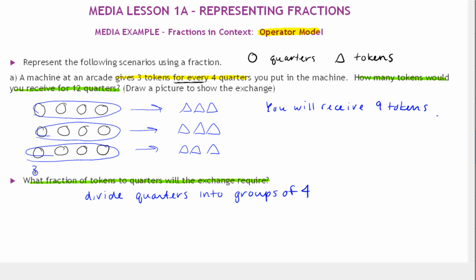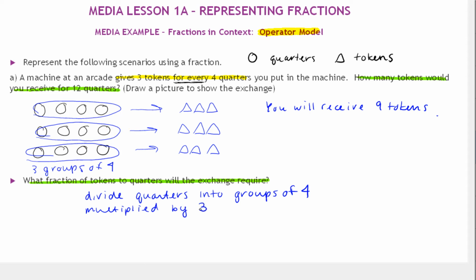And we had 3 groups of 4. Then for every group of 4, we receive 3 tokens. So we could think of multiplying each one group of 4 by 3. So then we multiplied by 3.